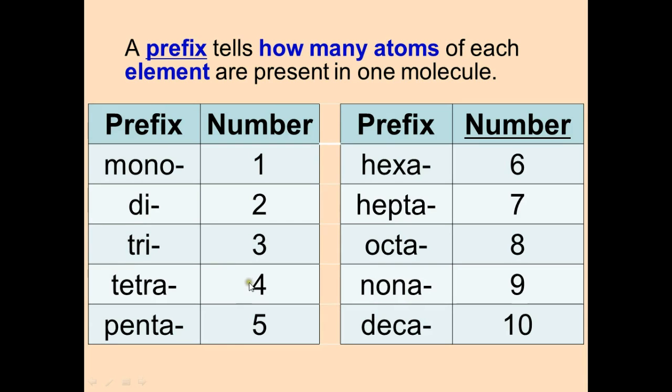Tetra is 4, just like Tetris, which is all about 4 blocks. Penta is 5, so just think about a pentagon. Then again, hexa, hepta, octa, nona, and deca. Just think of the hexagon, heptagon, octagon, nonagon, decagon, and they have 6, 7, 8, 9, 10 sides respectively.